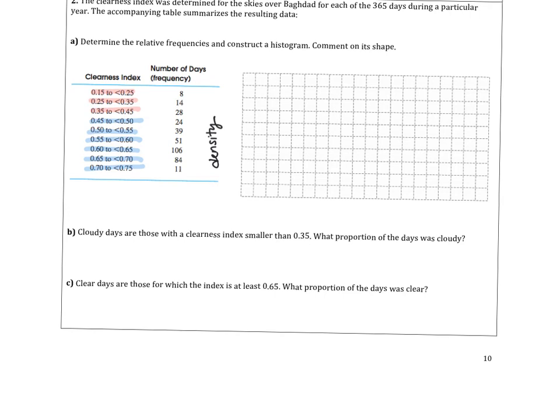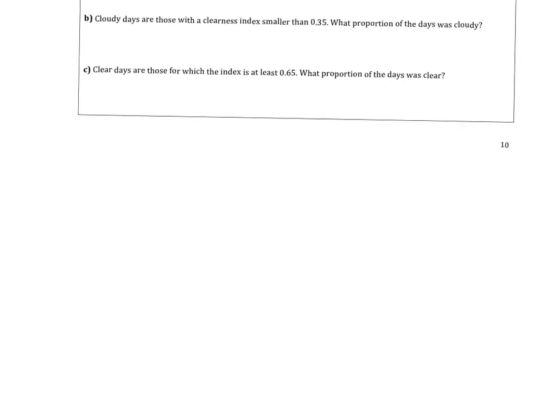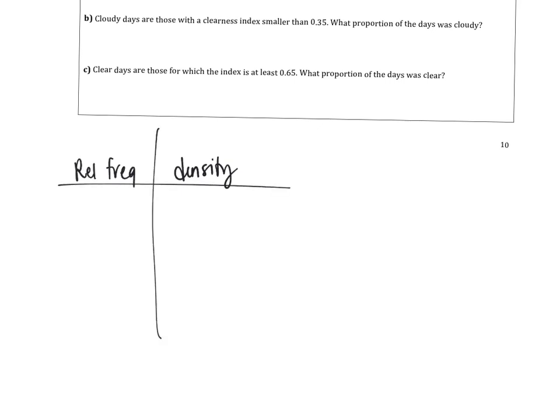In order to help with this question, I would set up a table, maybe on a separate piece of paper down here, that is made up of relative frequency and then density for each of those intervals above, because that will help you answer that question.